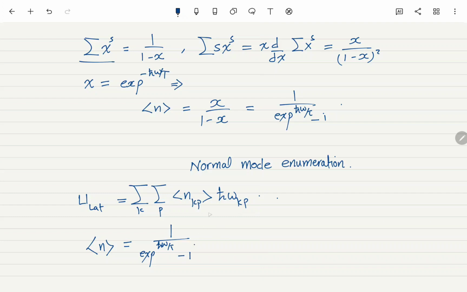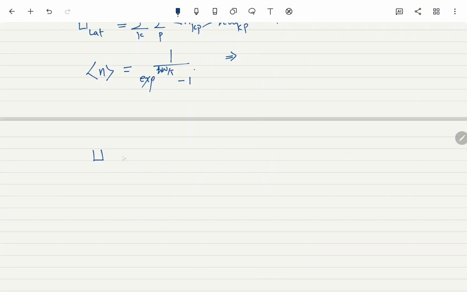If we substitute this back, we will find that U, the energy of a collection of oscillators, equals the double sum over K and P of h bar omega_KP divided by exponential h bar omega_KP over tau minus 1.